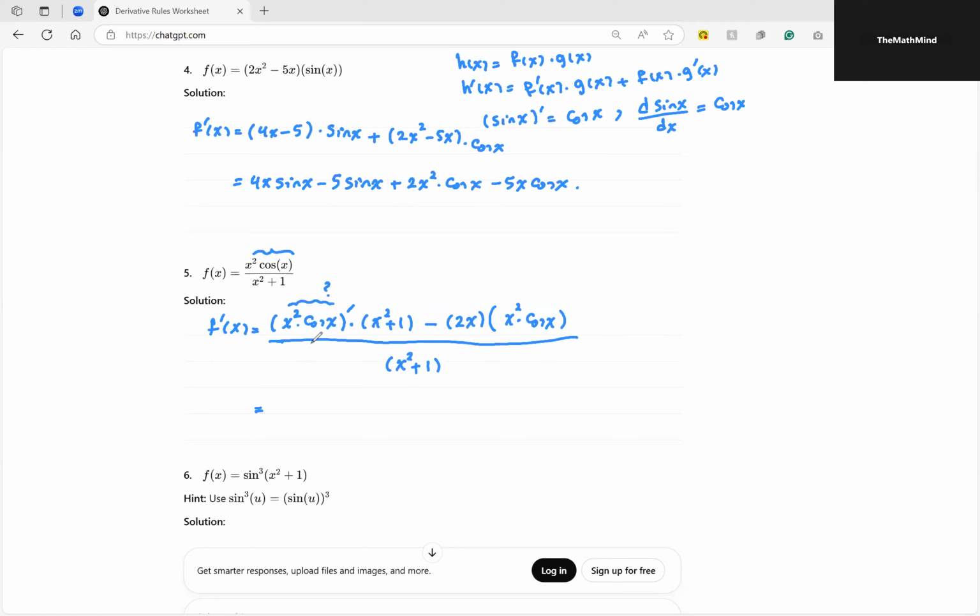It's going to be the derivative of the first function, I'm using the square bracket, which is 2x times the second function, plus the derivative of the second function, which is negative sine x times the first function. It's going to be negative x squared sine x, times x squared plus 1, and then the rest is negative 2x cubed cosine x.